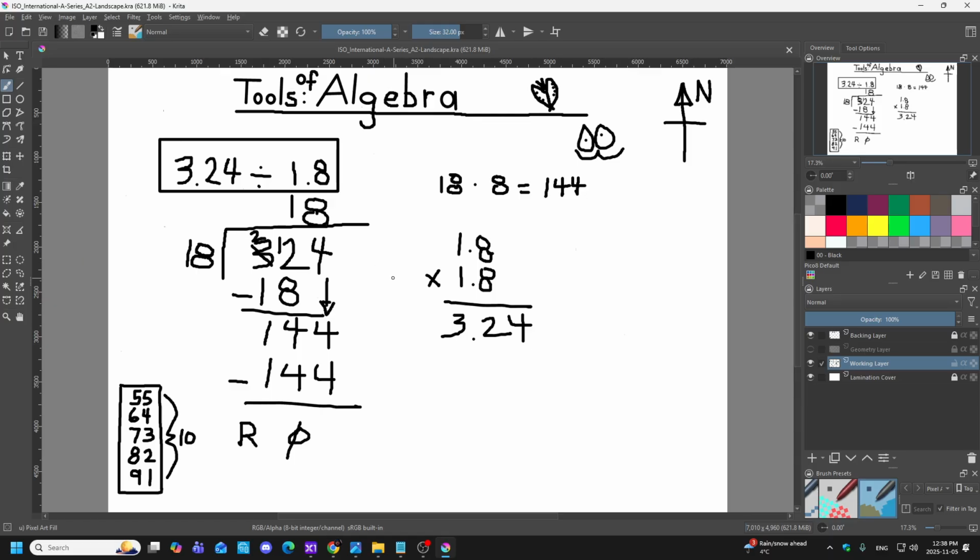So when we were working this problem out, we did our long division using whole numbers by basically ignoring the decimals, because decimals could be anywhere in a set of numbers. It honestly doesn't really matter too much.